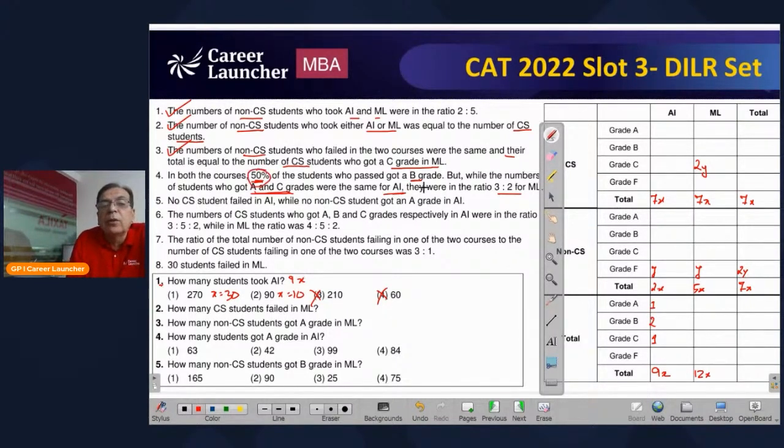So the number of students getting B grade should be double the number of students getting A and C for AI. And what is it for ML? They were in the ratio of 3:2 for ML. So if 3 students get a grade A in ML, there are 2 students who get grade C in ML, and there will be 5 students who will get grade B in ML.